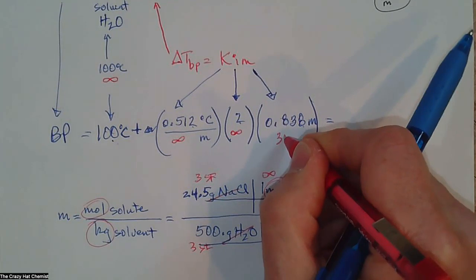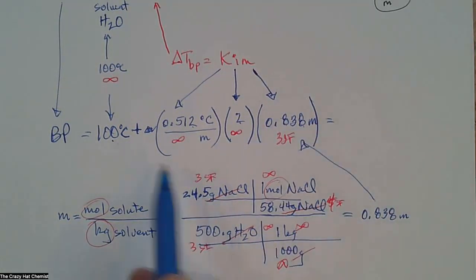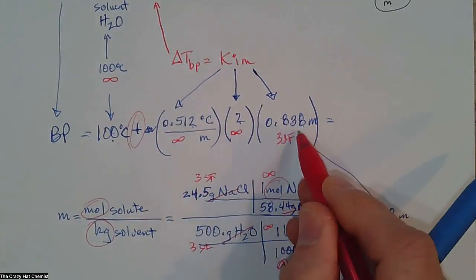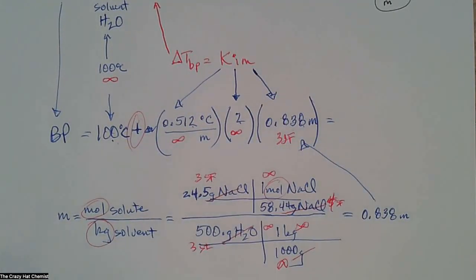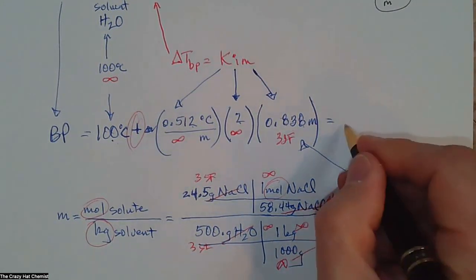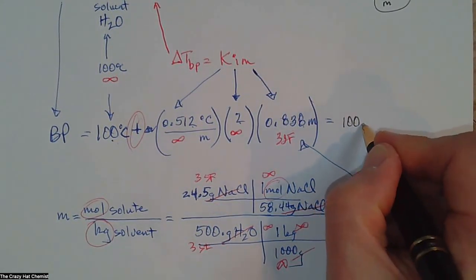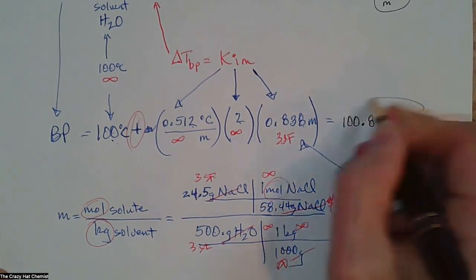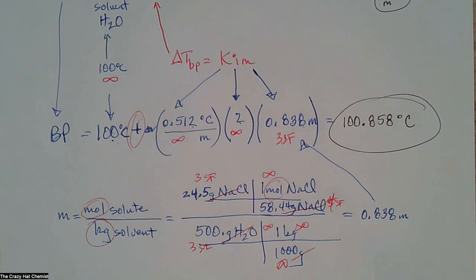This has 3 significant figures. So I'm going to have 3 decimal places because my last operation is addition. This has 3 decimal places and these are infinite. So I'm going to have 3 decimal places. So my final answer is going to be 100.858 degrees Celsius. And this is my boiling point.